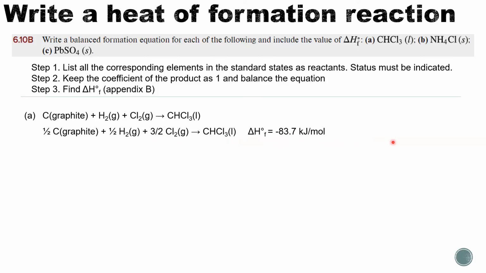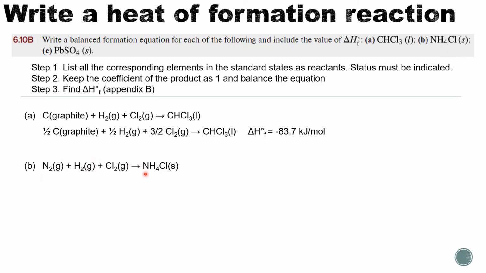The same thing with B. Since we have ammonium chloride as a solid, we need to first determine the elemental substances of the reactants. For nitrogen, the most stable one is nitrogen gas. For hydrogen it is hydrogen gas, and chlorine is chlorine gas. So we can list all the reactants and the products here. Now we need to balance the equation. Again, the coefficient of the product is 1.